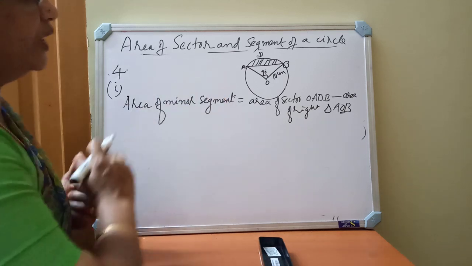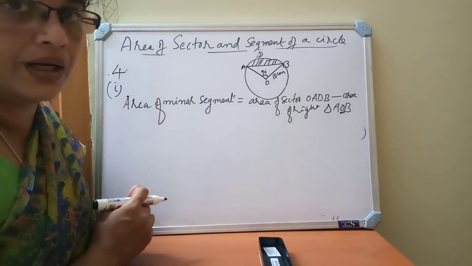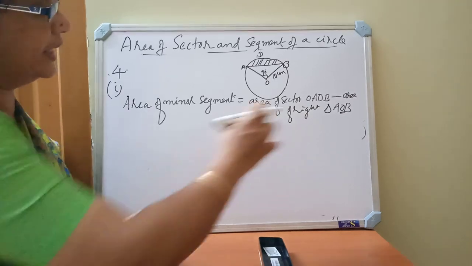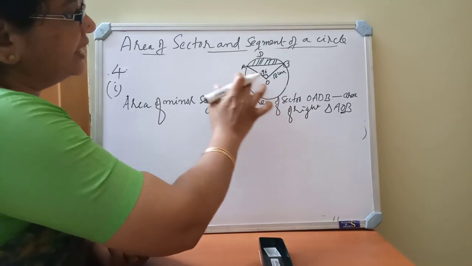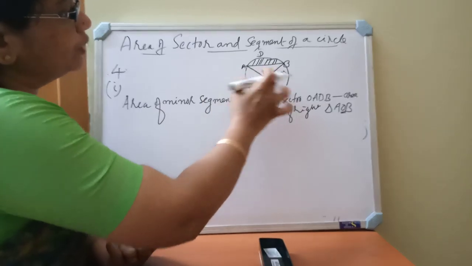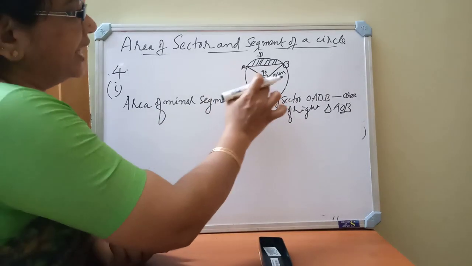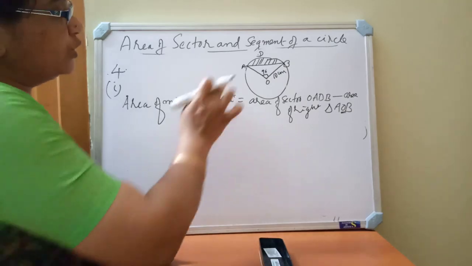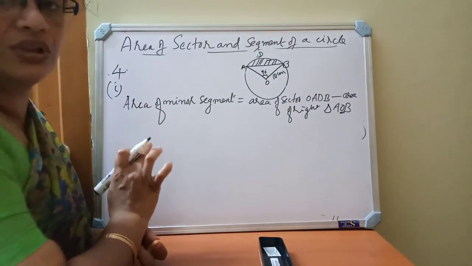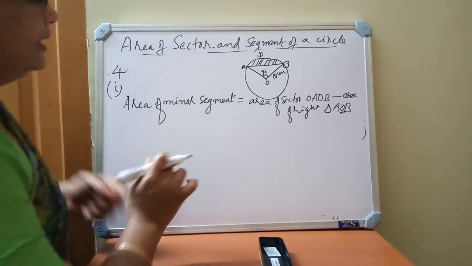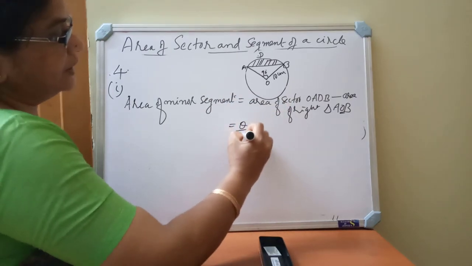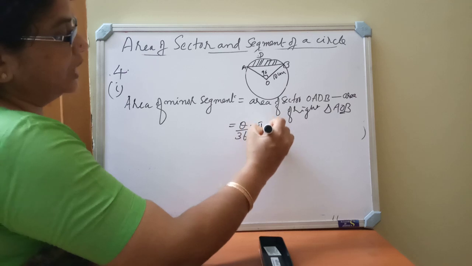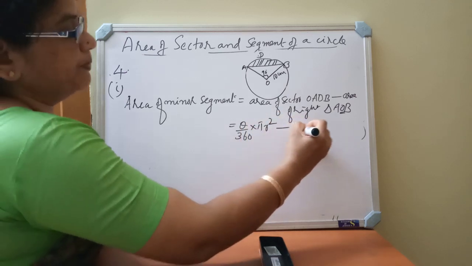Okay, so area of sector OADB minus area of right triangle AOB. So what is area of a right triangle? What is the formula? Half BH. Okay, so we can apply area of triangle as half BH. Base and height are here. Both are acting as radius. So each line is perpendicular to each other. So base and height both same, 10. Okay. Then area of sector, what is the formula? Theta by 360 into pi r square minus half BH.